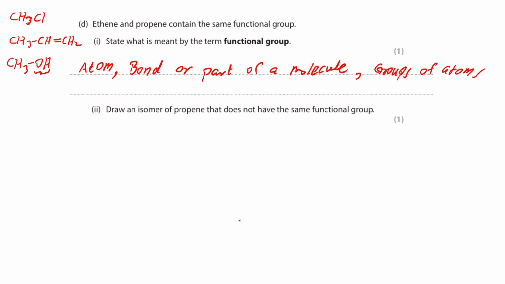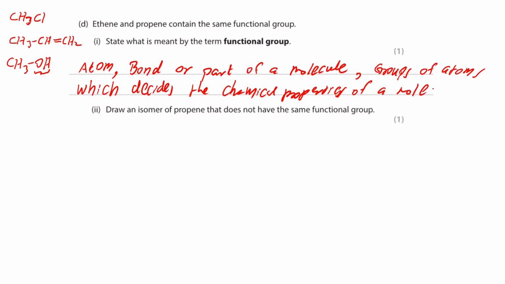So simply what you have to know here is: an atom, bond, part of a molecule or group of atoms which decides the chemical properties of a molecule. That's what we call a functional group.